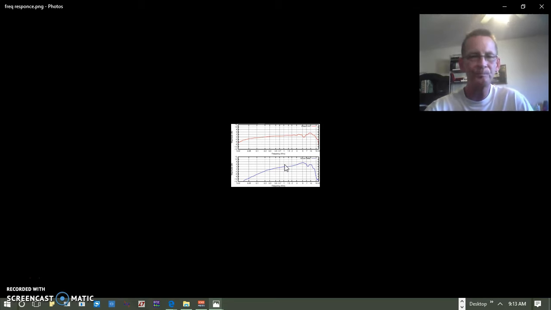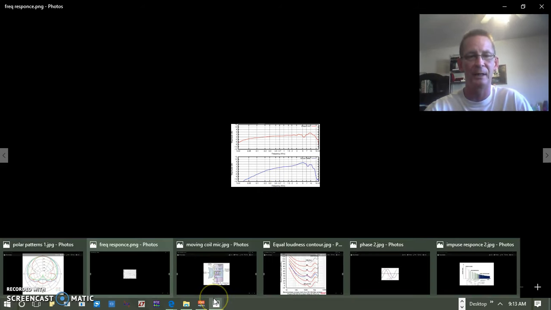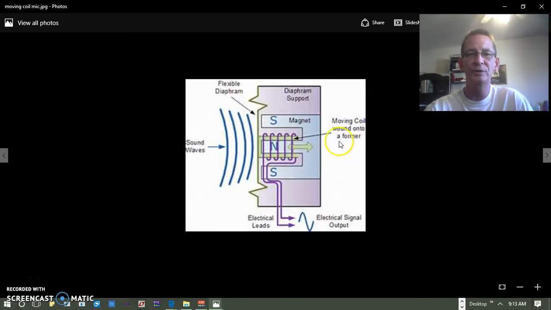Signal flow. That's a huge thing that we need to take into consideration, because you can be dealing with the signal flow just inside the microphone itself. The signal flow starts out here with the sound the microphone's trying to capture and goes all the way through till it comes out of the microphone. So there's signal flow there that we have to deal with.